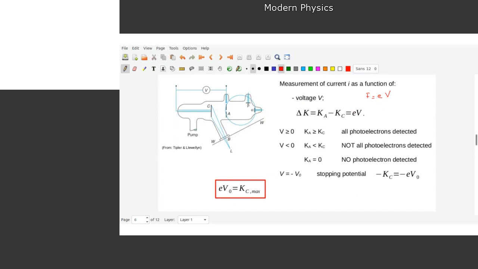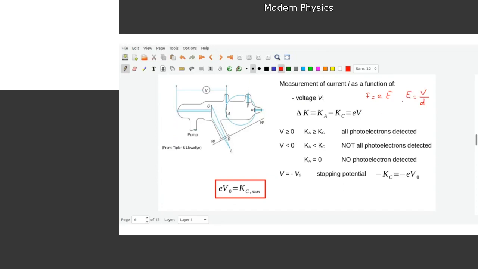This is the work. The force is e times the electric field, and the electric field is the voltage divided by the distance between the electrodes.